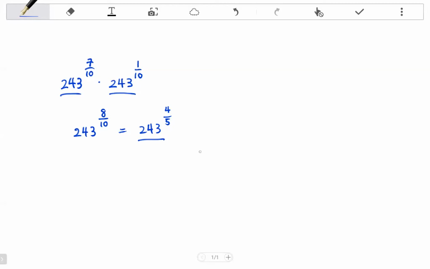Well, this is in fraction form, and we're accustomed to it being in radical form, right? So let's change it to this type of form. 243 is going to go on the inside, 5 is going to go on the outside, and 4 is going to go inside like that.